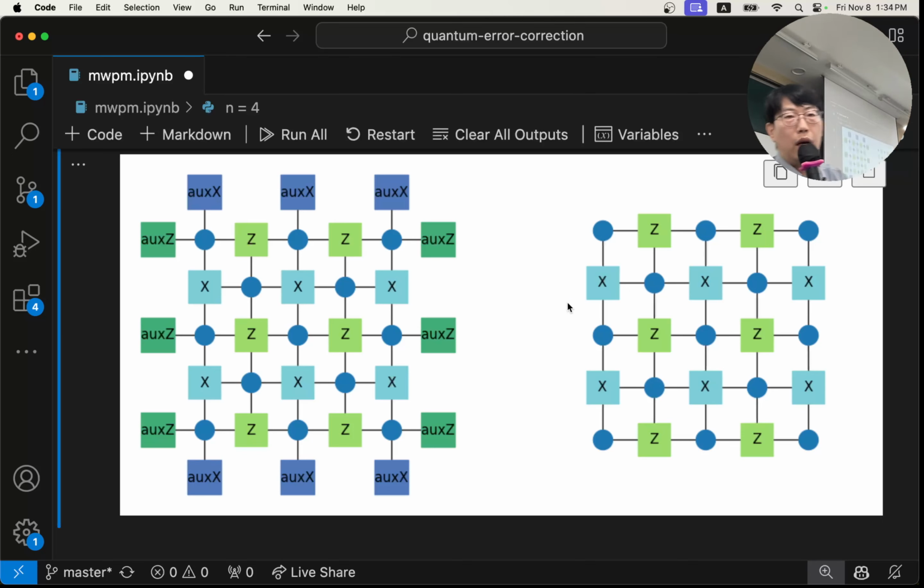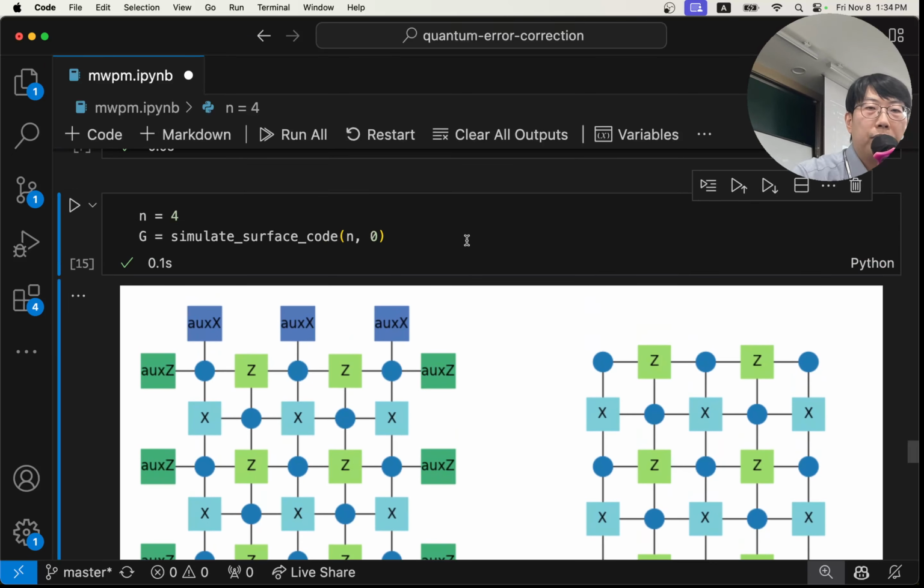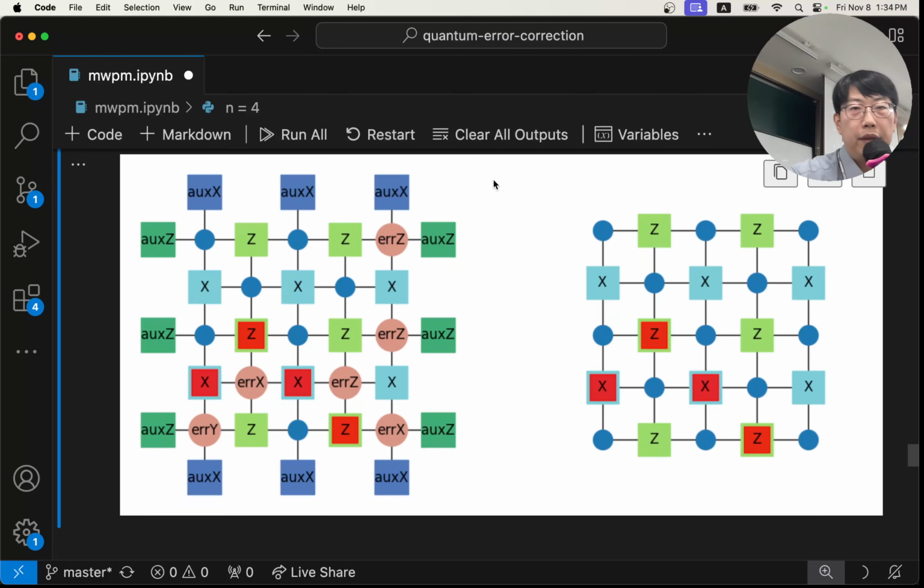So I'll show you the example here, how it works. I'm gonna make an error here. As I said, there are 2 types of error. One is X and one is Z, and we say Y error when X and Z error occur at the same time.